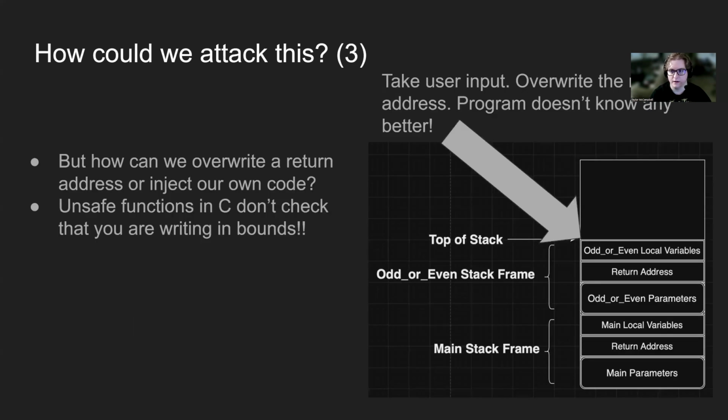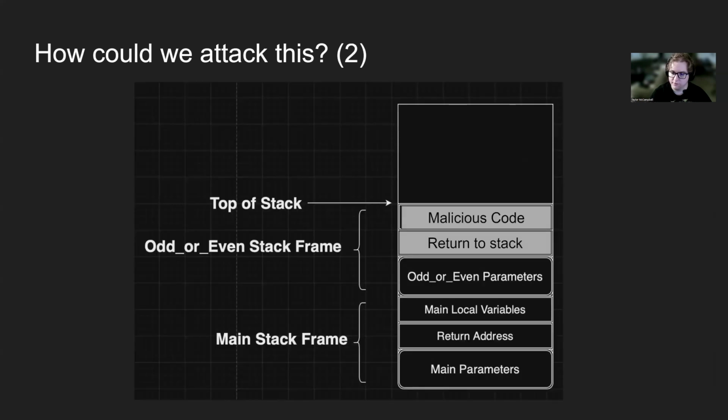And another thing we need to know is the C functions. We have to be able somehow to overwrite what's on the stack, or write out of bounds, for instance.